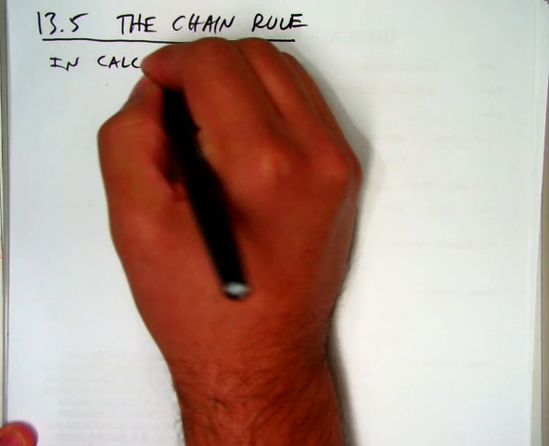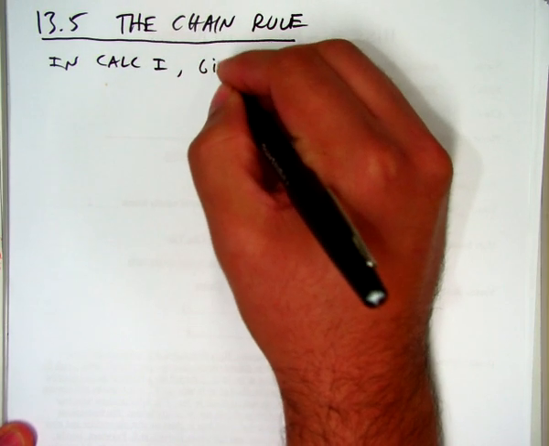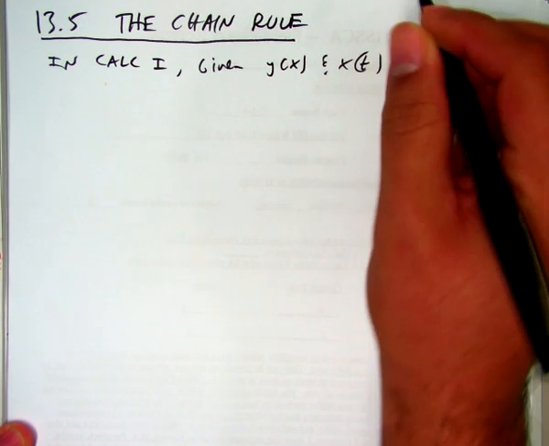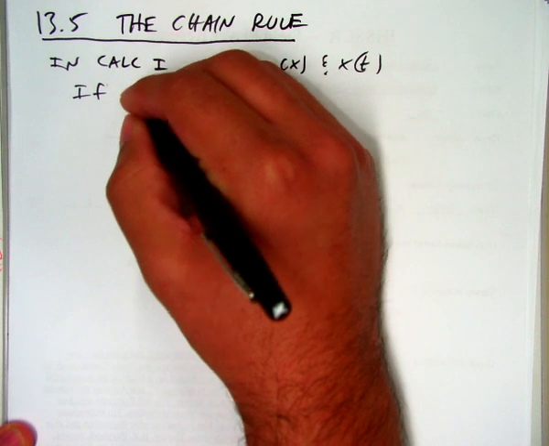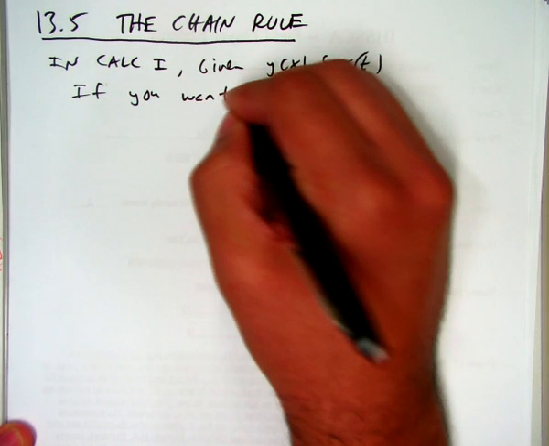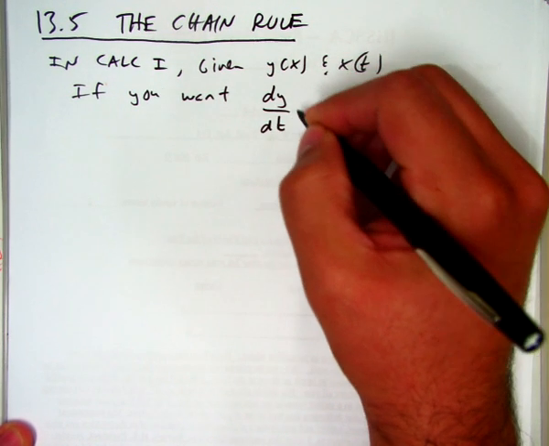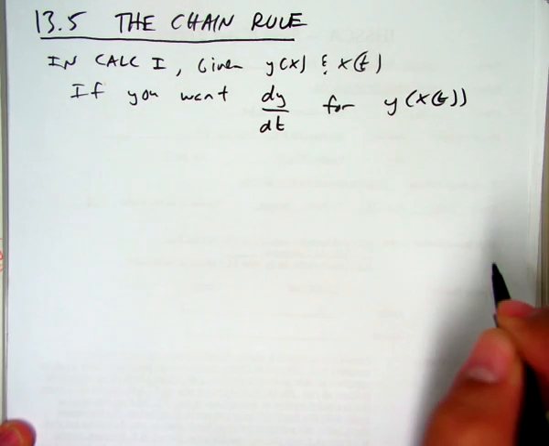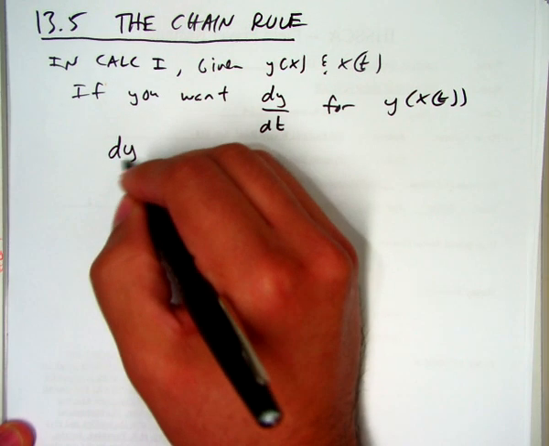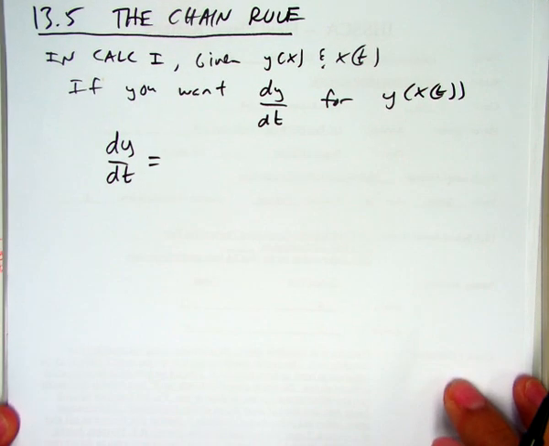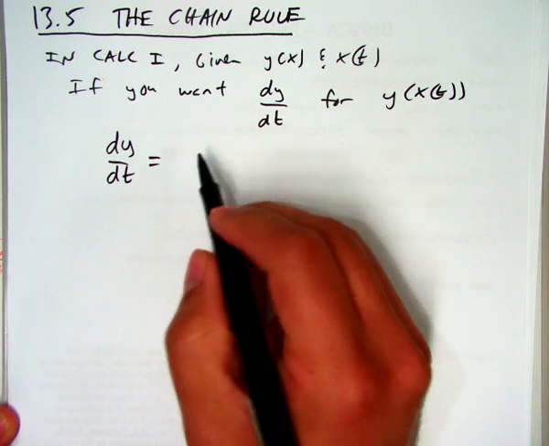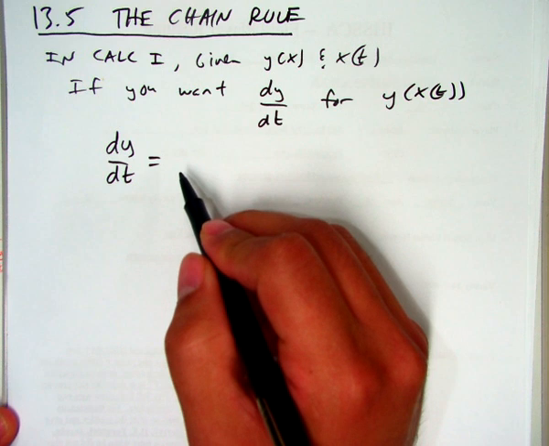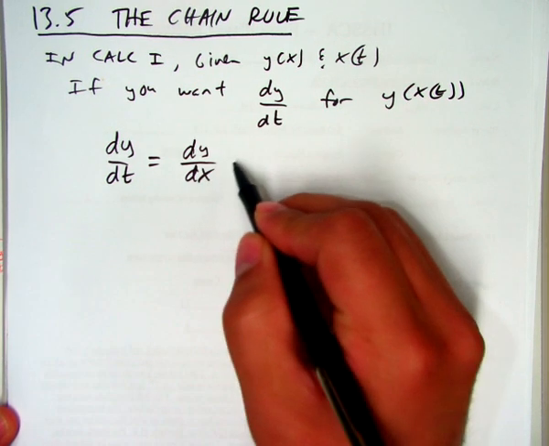In Calc 1, if you're given two functions, let's say y of x and then x of t, if you want to calculate dy dt for a composition y of x of t, the chain rule says that dy dt is equal to what? dy dx times dx dt.